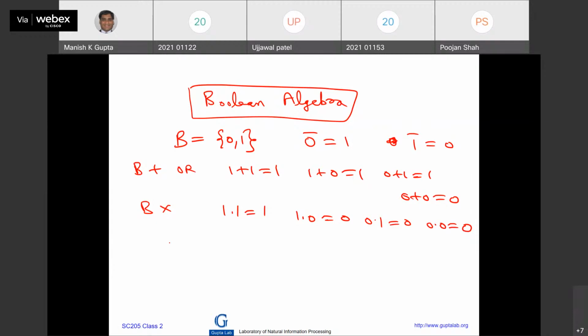Okay, and we can have some sort of expressions. 1, 0 plus 0 plus 1 complement is equal to 0 plus 1 complement is equal to 0 plus 0 is equal to 0. All these Boolean expressions. By the way, if you want to make a career in cryptography and security, I'm going to write one thing known as Boolean function.